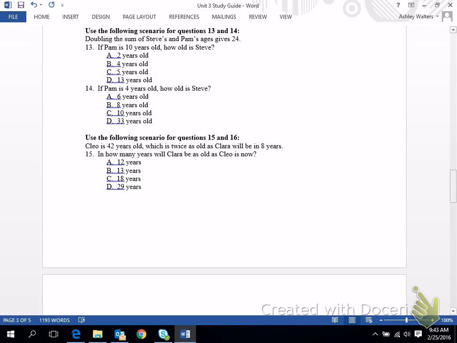We want to use the following scenarios for questions 13 and 14. It says doubling the sum of Steve's and Pam's ages gives 24. If Pam is 10 years old, how old is Steve? Well, we're going to double the ages of Steve and Pam, and that's going to give us the number 24.